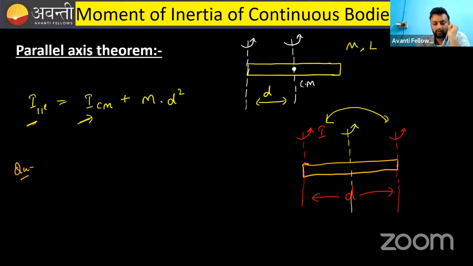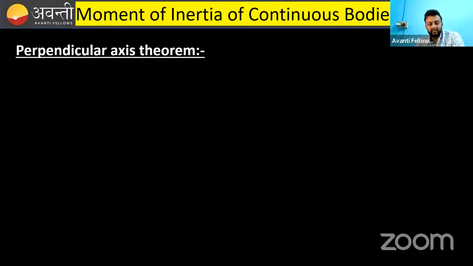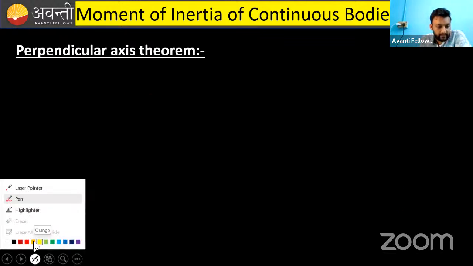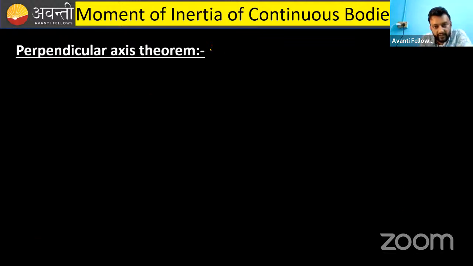Moving further. Perpendicular axis theorem. This theorem is valid for two-dimensional bodies. Two-dimensional bodies means ring is a two-dimensional body, disk is a two-dimensional body, you can say the rectangular sheet is a two-dimensional body.